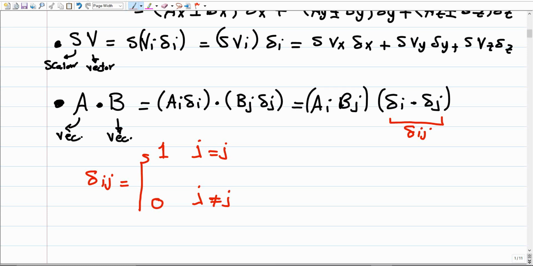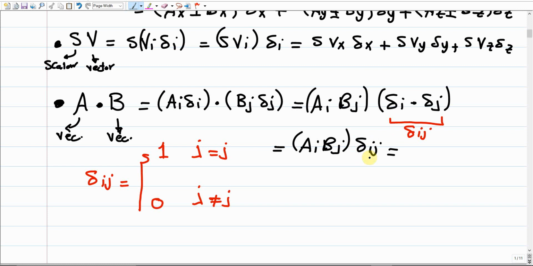But in case that I is not equal to J, by definition delta Ij should be 0. So I can write AI Bj, and this multiplication gives us delta Ij. What does delta Ij mean? This is the canonical delta.